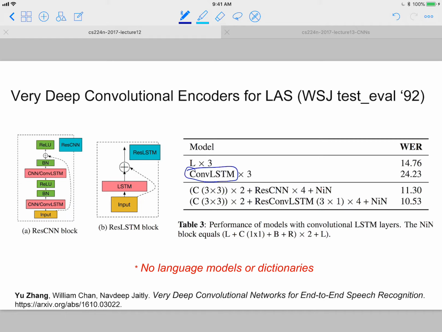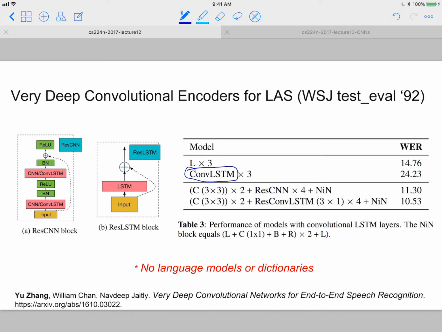So do you guys know what this Conv LSTM is?